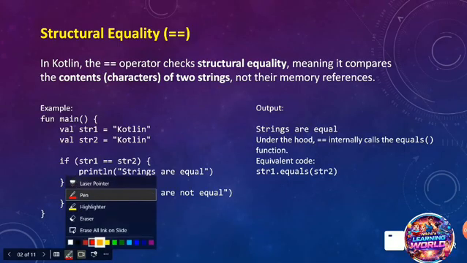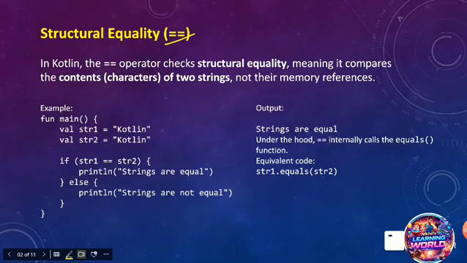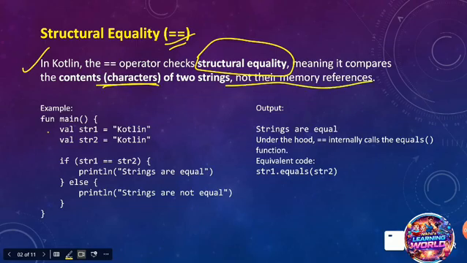The most common way we compare strings in Kotlin is by using the double equals operator. In Kotlin, double equals checks structural equality, which means it compares the actual content of the strings. Let's take an example: in the main function we have two strings, str1 and str2. Using an if else statement we check whether the two strings are equal or not.